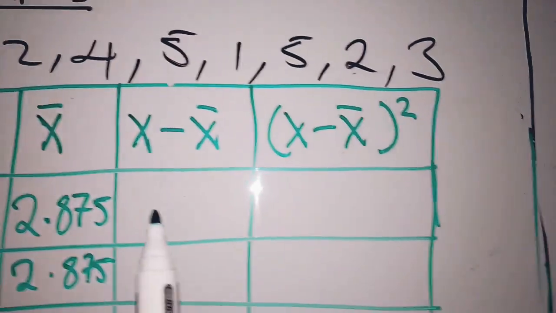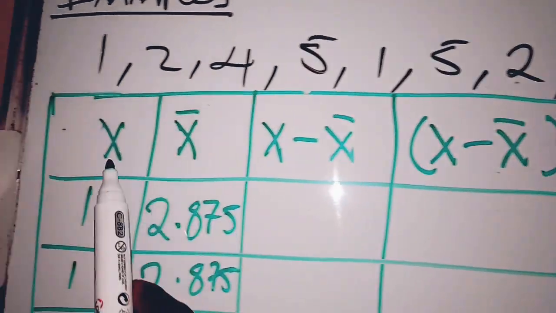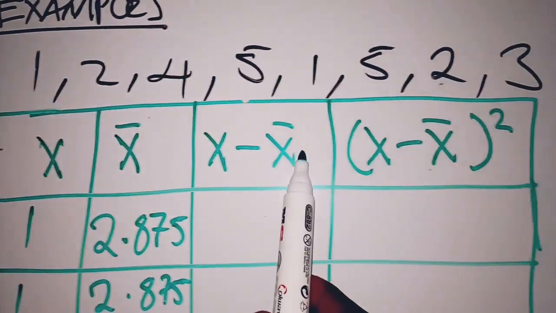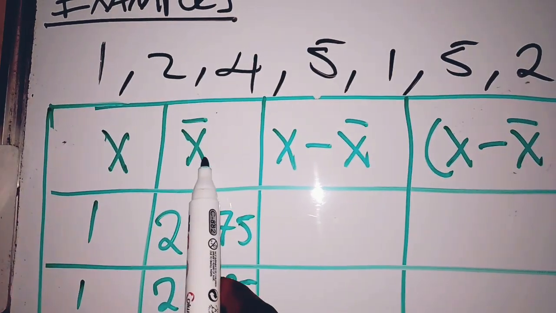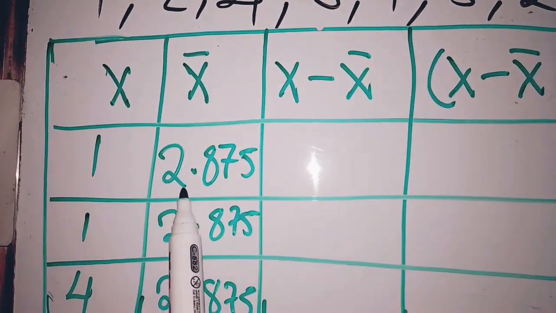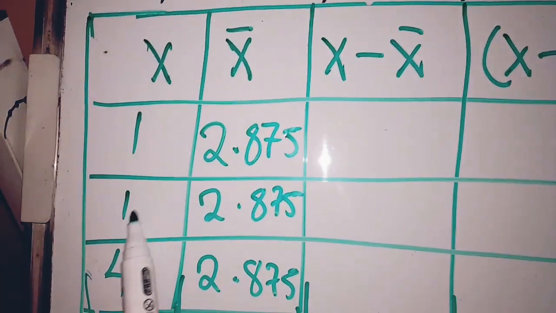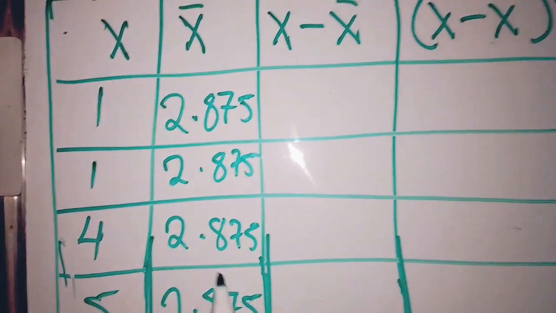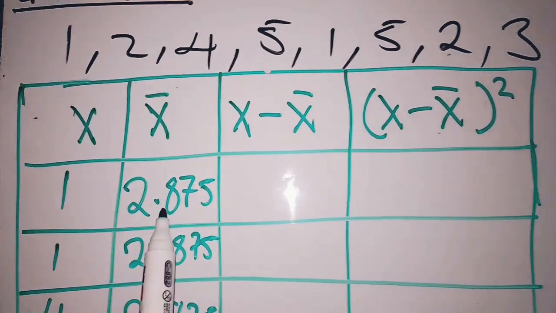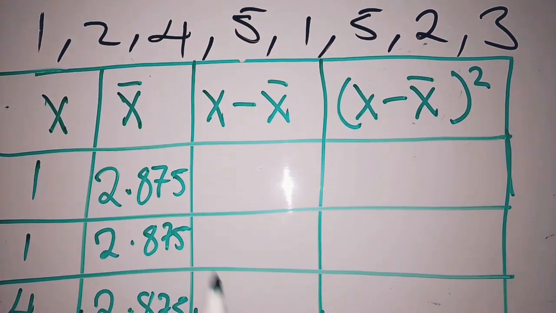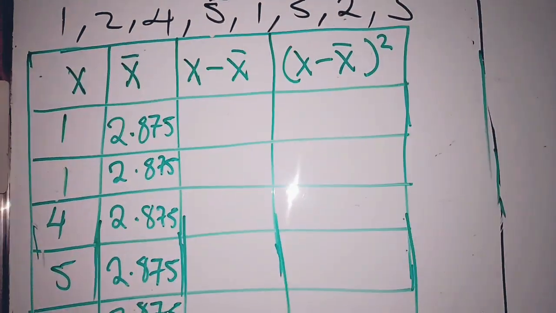Since here it's saying x, we have x minus x bar. So you have this minus this, minus this, minus this. So 1 minus 2.875, what is it giving you?